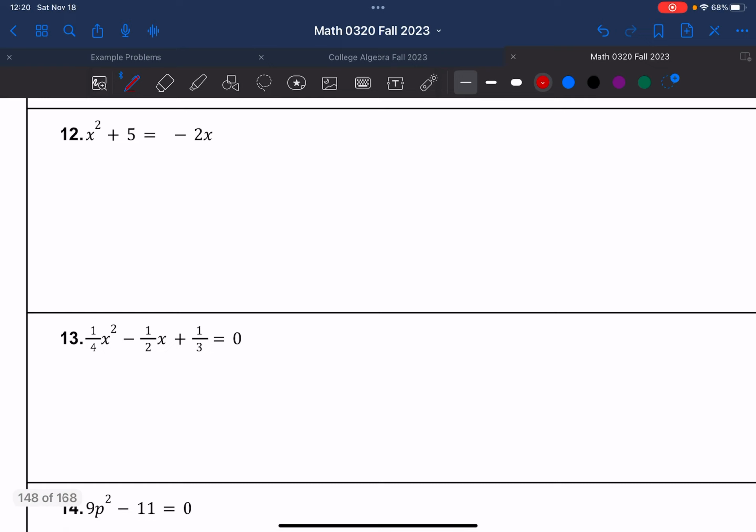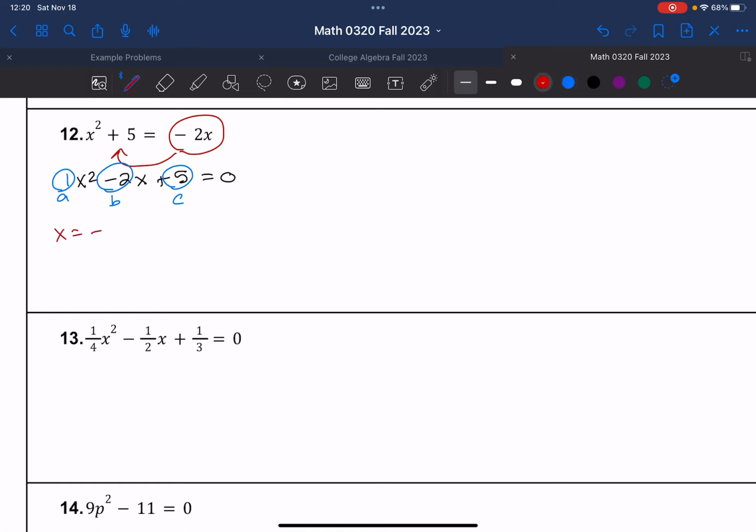For number 12, remember we need to have it in standard form, so we're going to move this part over. So I have x squared minus 2x plus 5 equals 0. Remember, I put it into that standard form. Your a value is 1, b value is -2, c value is 5.